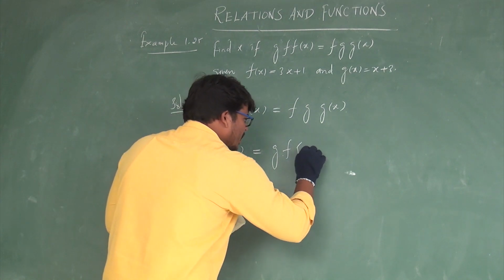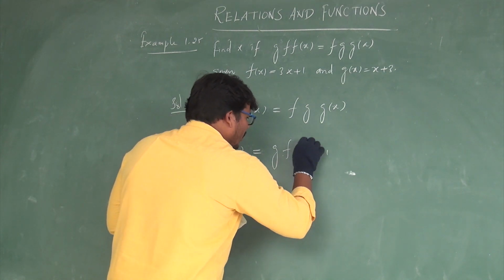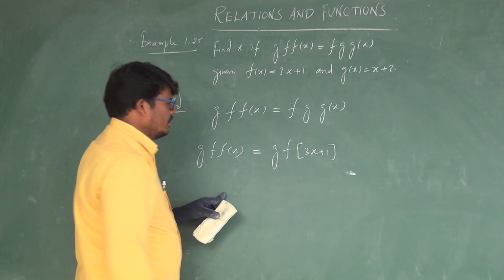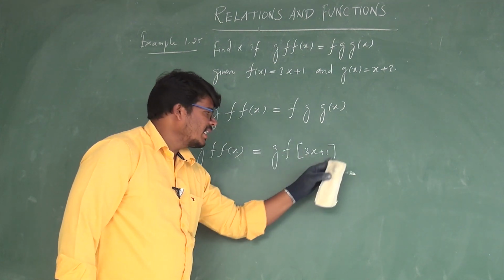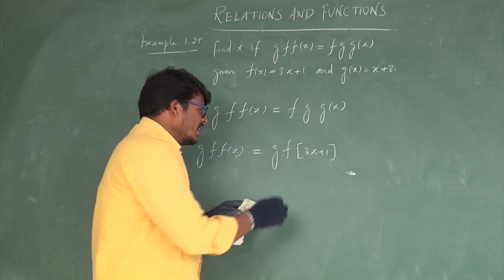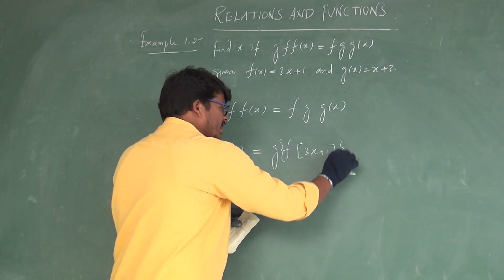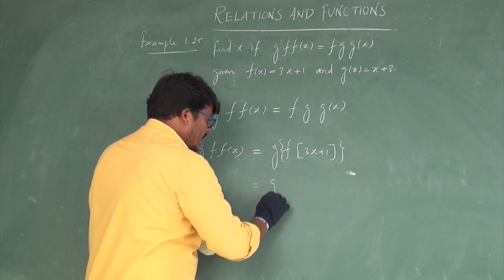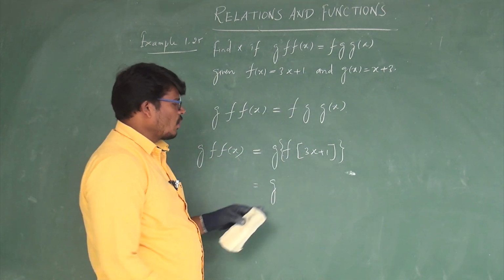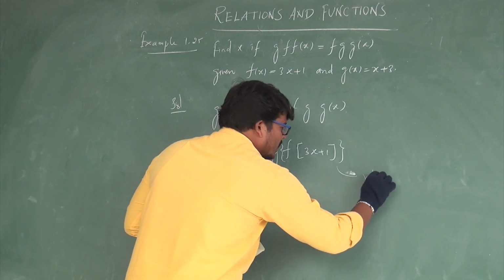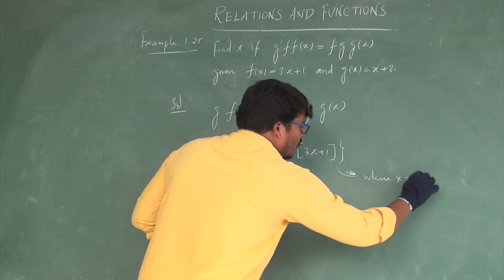In g of f of x, the entire function is f of x, where x is replaced by 3x plus 1.